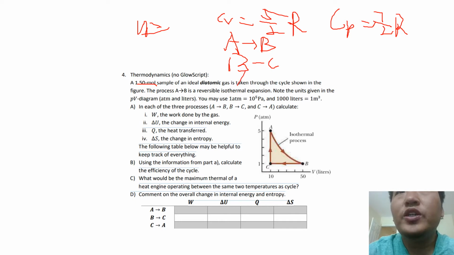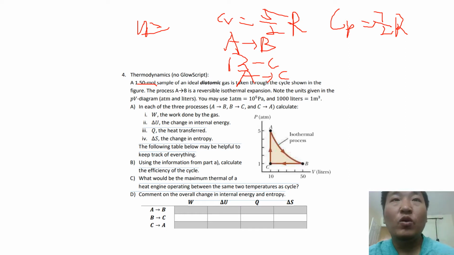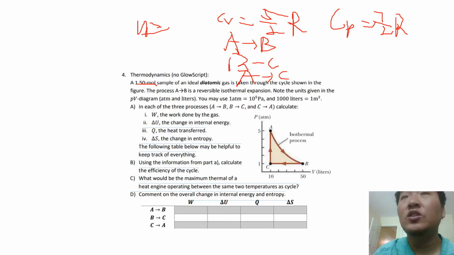And then A to C is isochoric, as the volume doesn't change. The question requests the work done, the changes in internal energy, and the heat transferred in the different processes, and also talks about the entropy here.